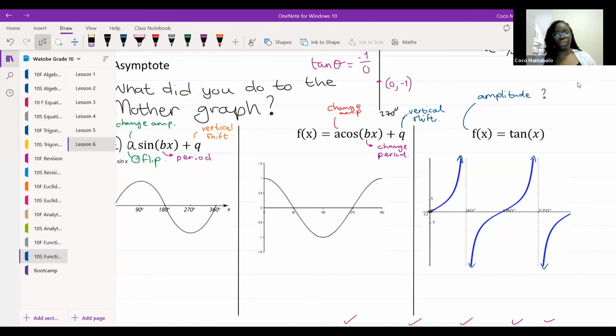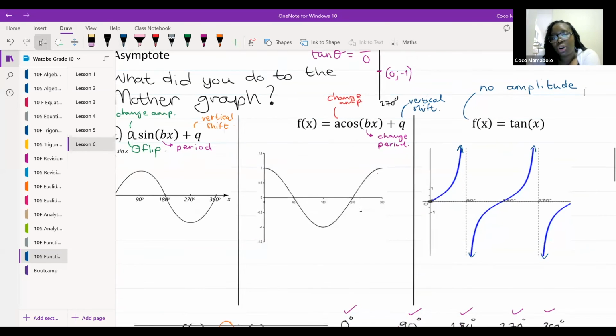Remember, the amplitude in the graph means the point where it is the maximum and the point where it's the minimum. My graph doesn't have one. So our tan graph has no amplitude at all.